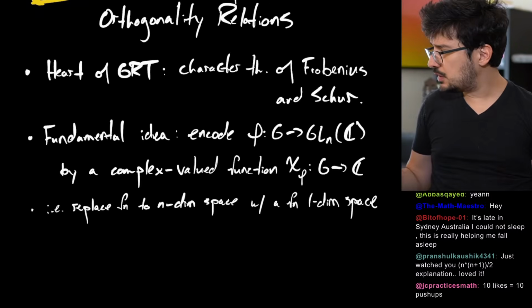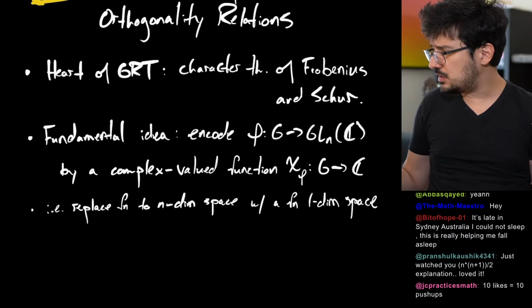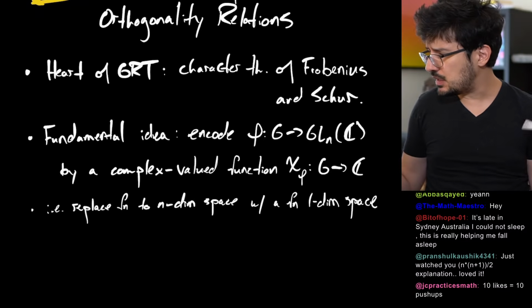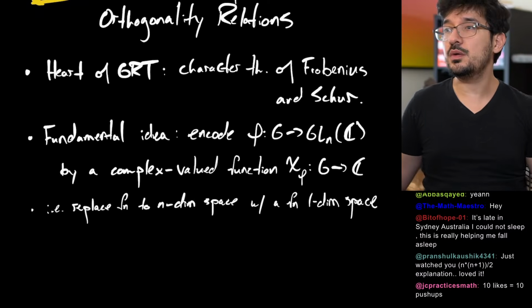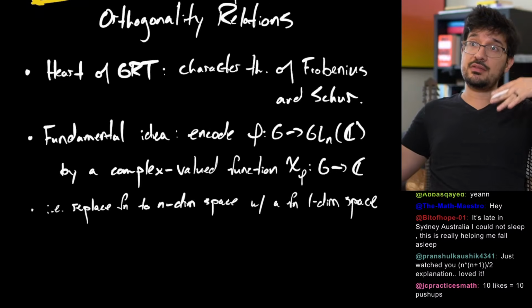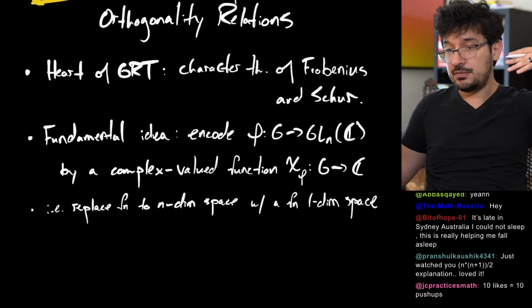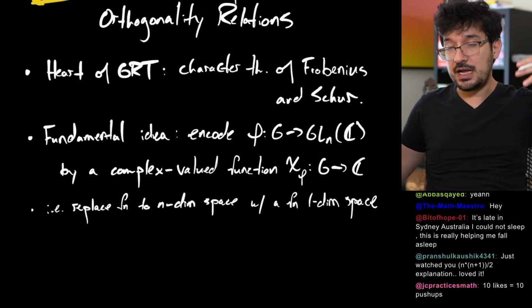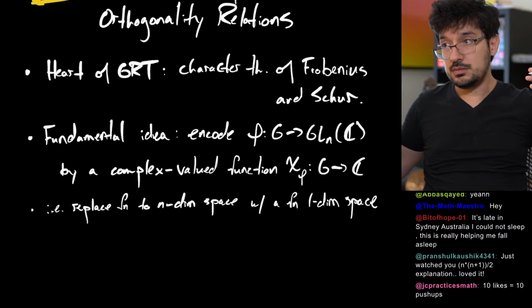The characters turn out to form an orthonormal set with respect to the inner product on functions, a fact that we shall use to prove the uniqueness of the decomposition of a representation into irreducibles. Oh, cool. Like I was saying a moment ago, at the end of chapter 3, we have the existence of a factorization into irreducibles, but we don't have uniqueness.